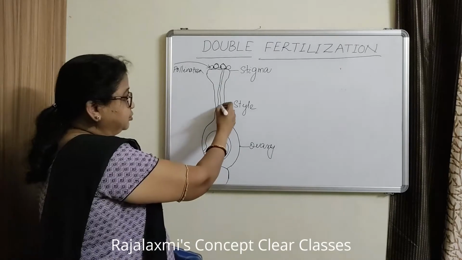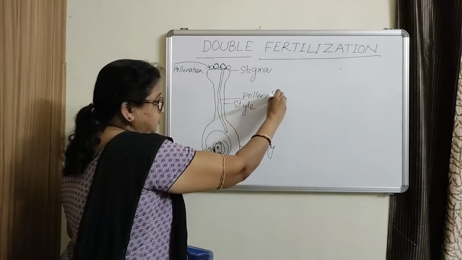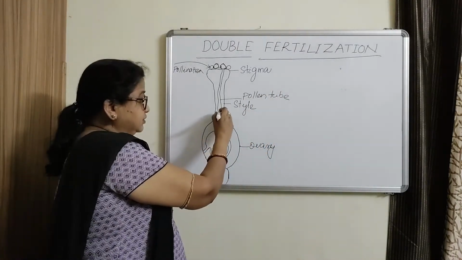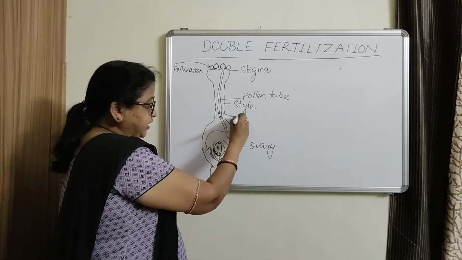This is the pollen tube. Inside the pollen tube, the generative cell divides into two male gametes.